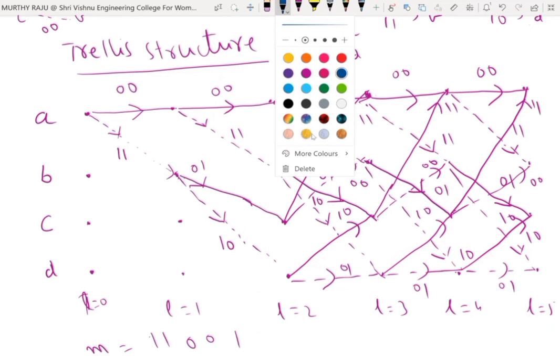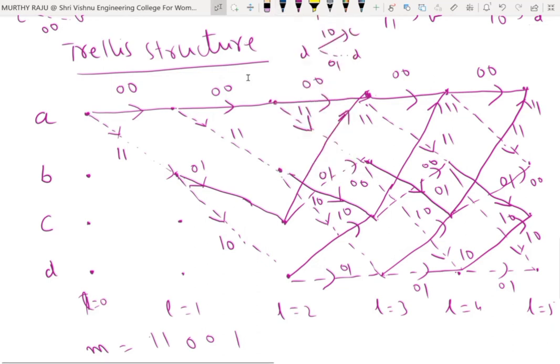The solid line represents m is equal to 0. Dashed line represents m is equal to 1. From the starting state A, consider input bit is 1. Therefore, the direction is like that.